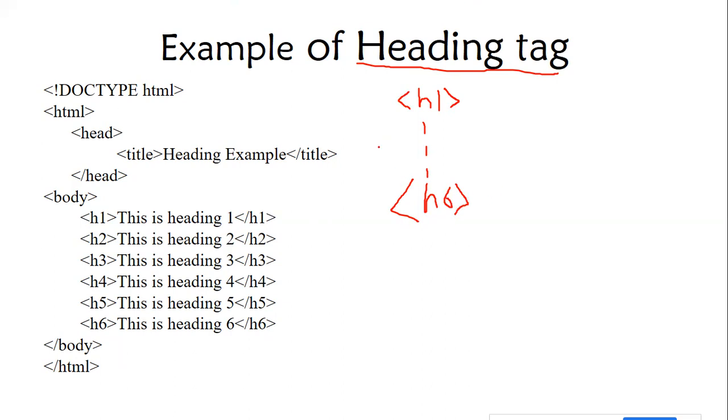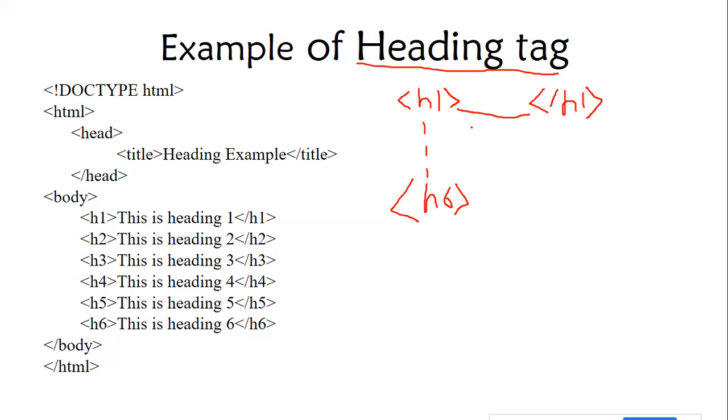This tag has a start tag and an end tag also. It is not an empty element or unclosed tag. So we want to specify the start tag and end tag here, and whatever contents we want as the heading are mentioned in this space.